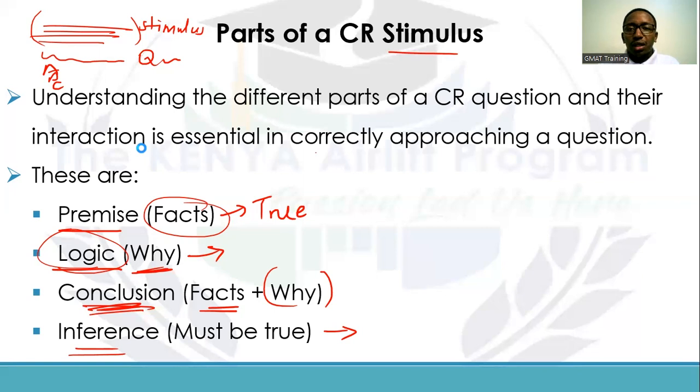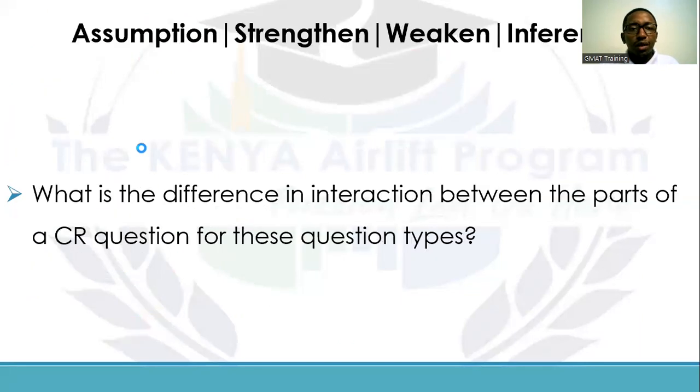So let's look at the different ways in which these questions are presented and how you should think about them. We have these four main question types that are, one, the most commonly tested in critical reasoning, and two, they have a conclusion involved. So we want to see how you handle the logic of each question type.